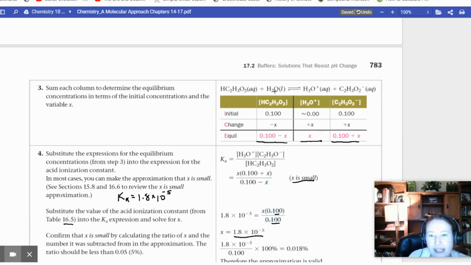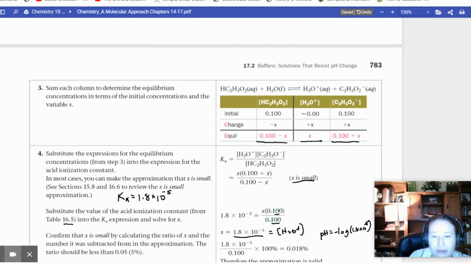And then it said find the pH. Well, that equals H3O plus. Always label this, please. So the pH is just the negative log of that. Negative log of 1.8 times 10 to the negative fifth.